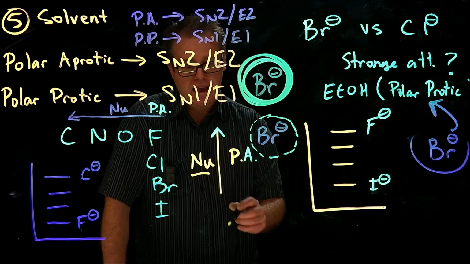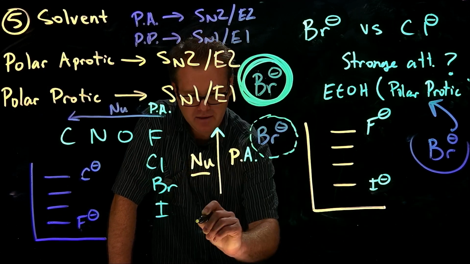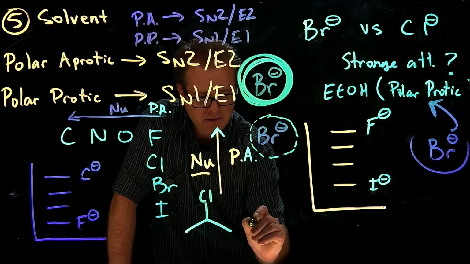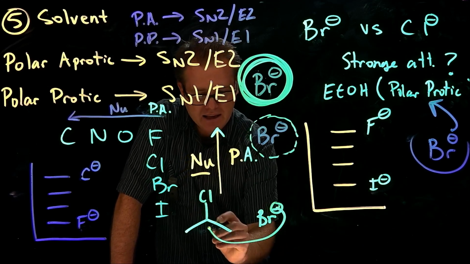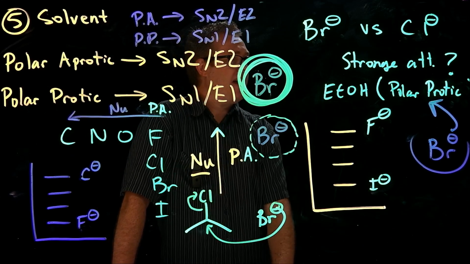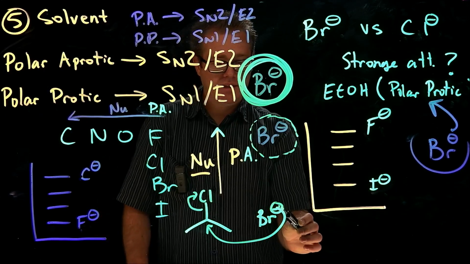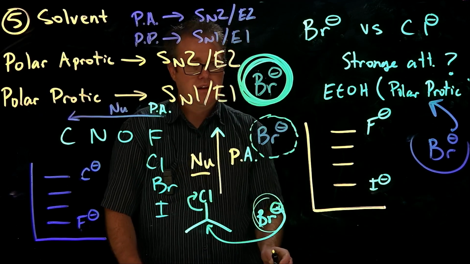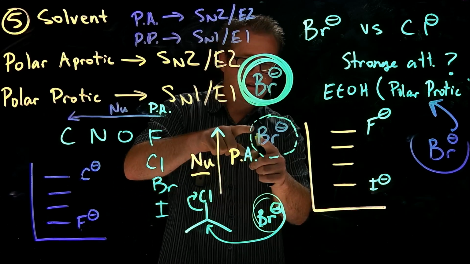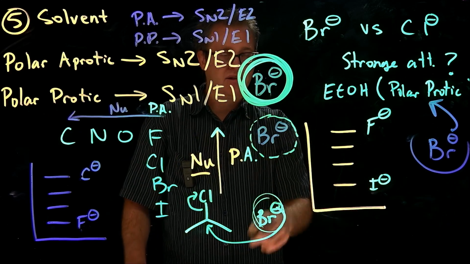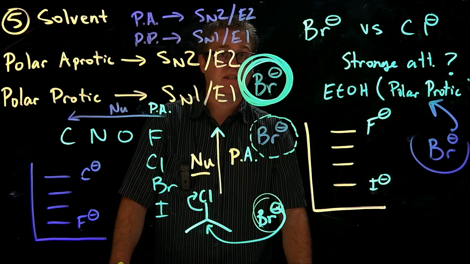And in an SN2 and an E2 mechanism, what's happening? It is coming and attacking in a concerted fashion. So we want this attacking species to be, the word is naked. It doesn't want solvent around it, because more solvent around it is going to limit its ability to do the SN2 attack.